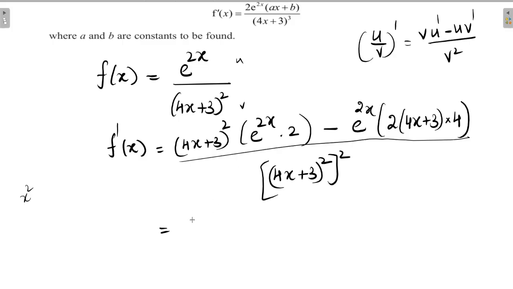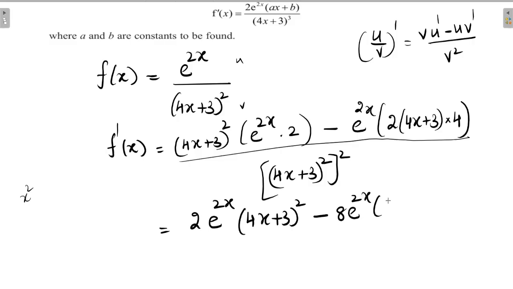Let us simplify this term. The numerator is going to be 2 into e power 2x times 4x plus 3 square minus this term is going to be multiplied by 4. So 2 times 4 is 8. 8 e power 2x times 4x plus 3.